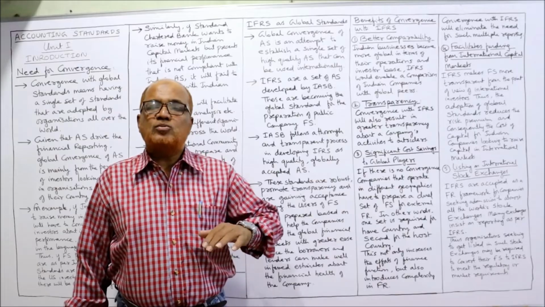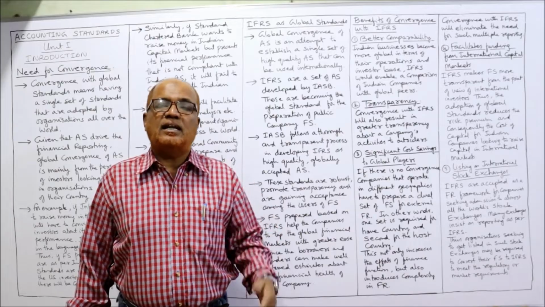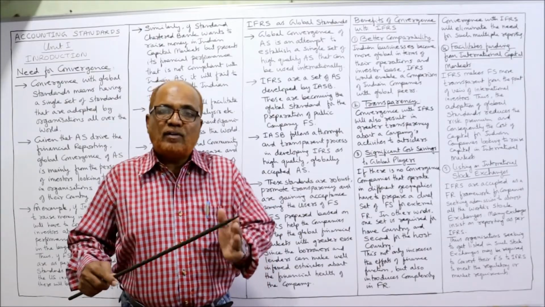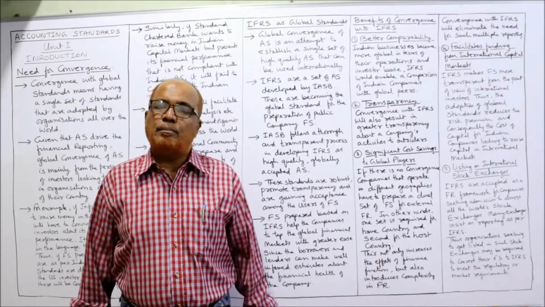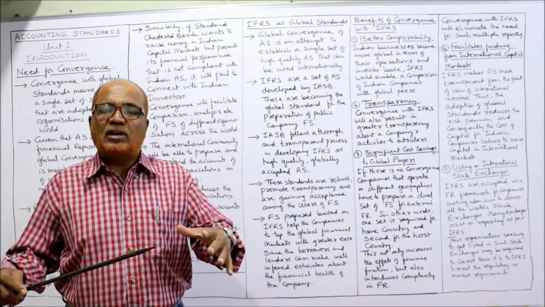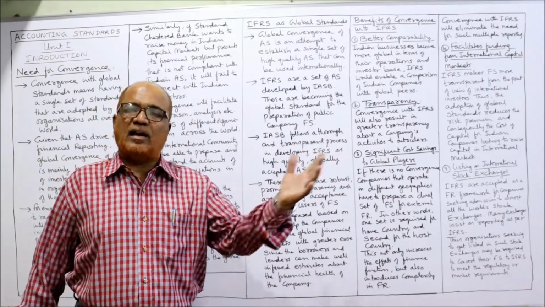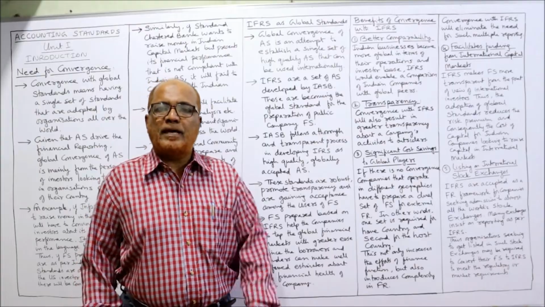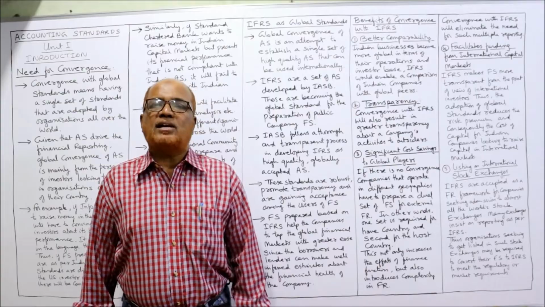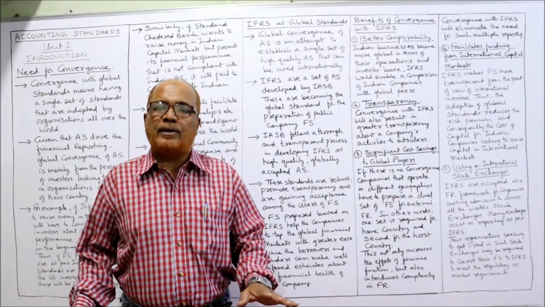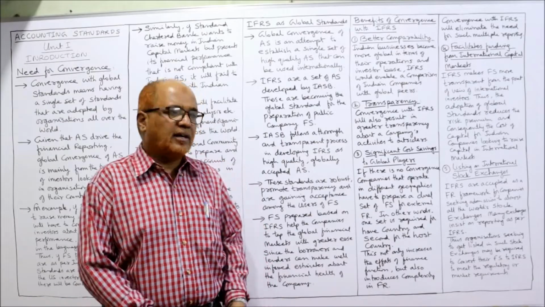Secondly, it will increase complexity in understanding the financial statements since we have two sets. But when we converge the financial accounting standards with IFRS, then what will happen? A single set. Only one set of financial statements will be needed, no complexity. This is the third advantage.